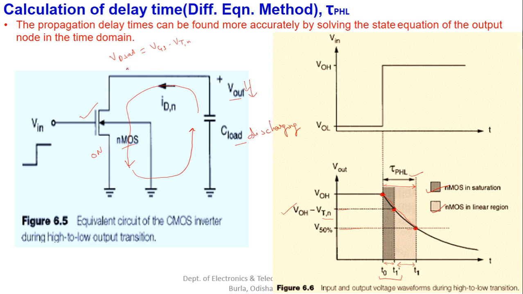Using this relation, you can identify the region of operation of a particular NMOS. So what I am trying to say is that tau PHL consists of two time durations: one when the NMOSFET is in saturation mode of operation, and the other when it is in the linear region of operation.